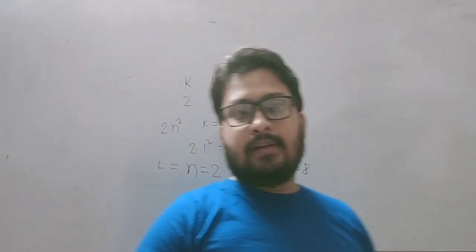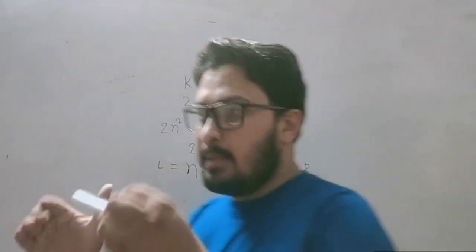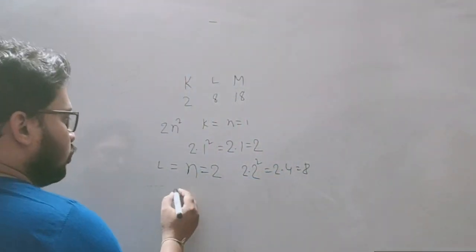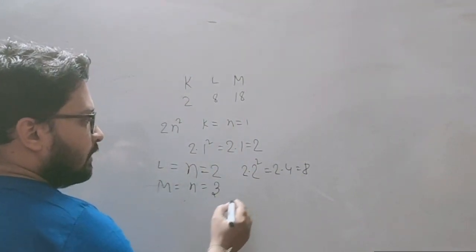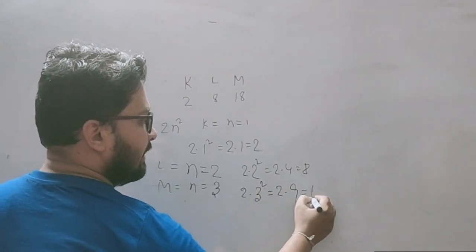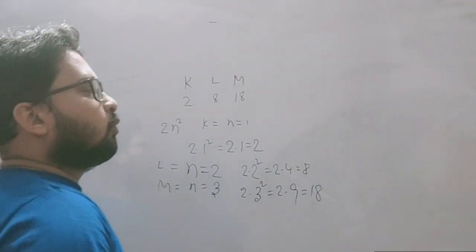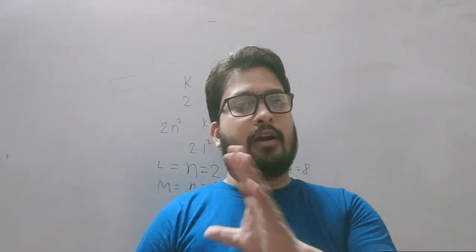So we can fill only 8 electrons for L. Similarly for M, the value of n is equal to 3. So 2 into 3 square, 2 into 9, that is 18. So we can fill 18 electrons for M.